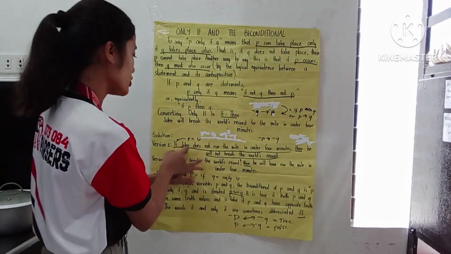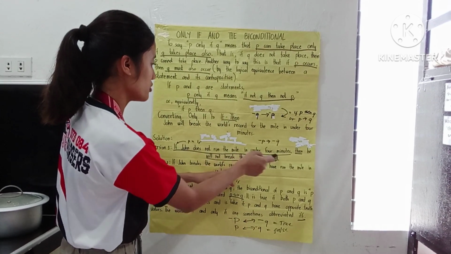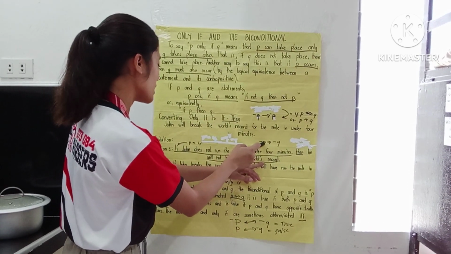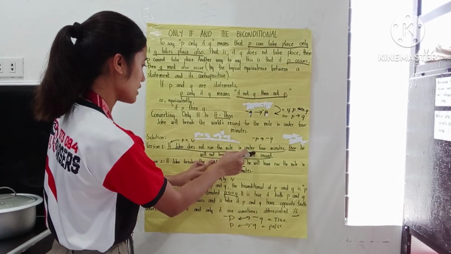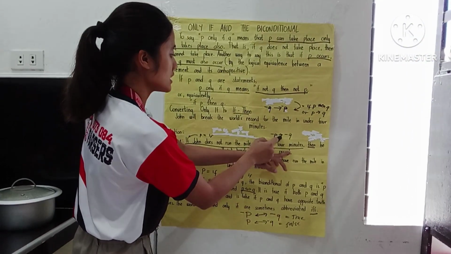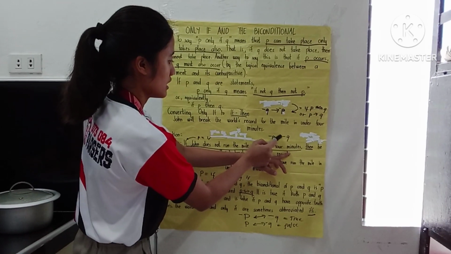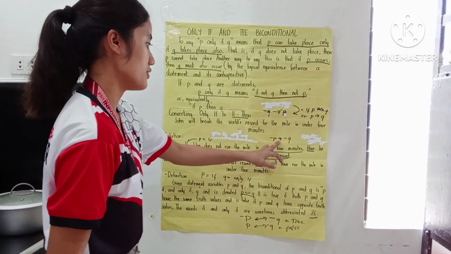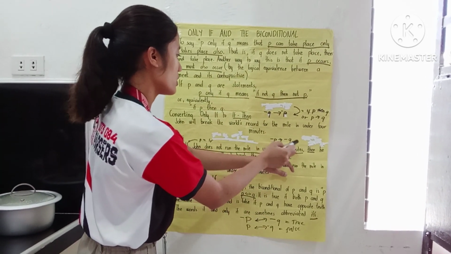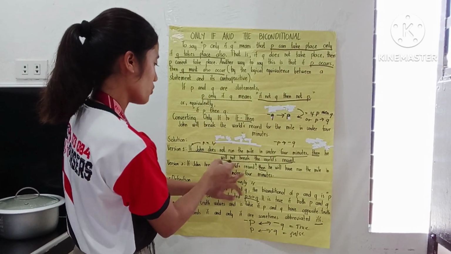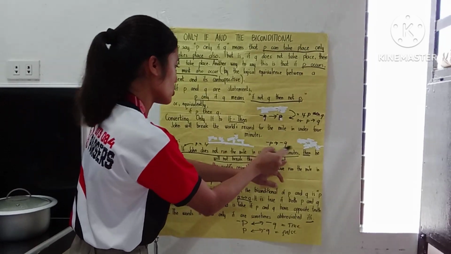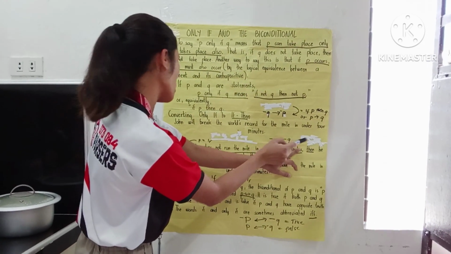So if John does not run the mile in under 4 minutes, that is not P, because does not is equivalent to not, and this is P. And this is the symbol for if then, which I shall read as implies, not Q, because will not is not, so not Q. So not P implies not Q.